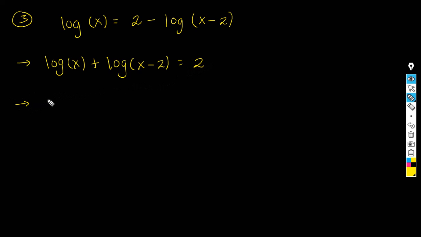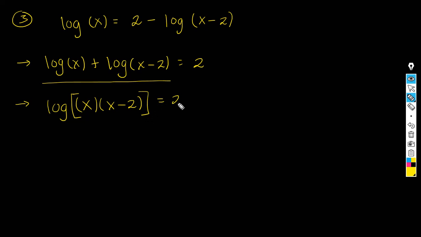Now, look up at your list of properties of logarithms and look at property number 4. And we can use it in order to simplify all of this. Okay, all of this will be the same as log of x times x minus 2 equals 2.